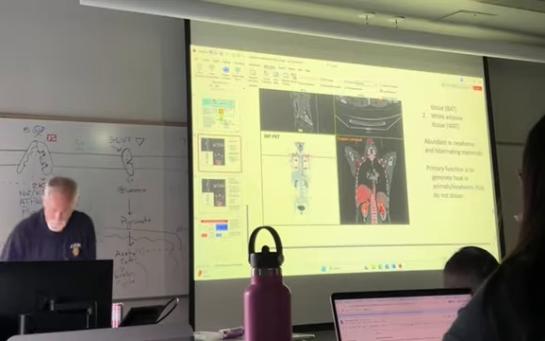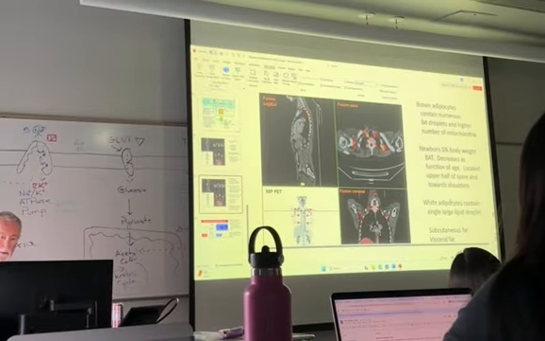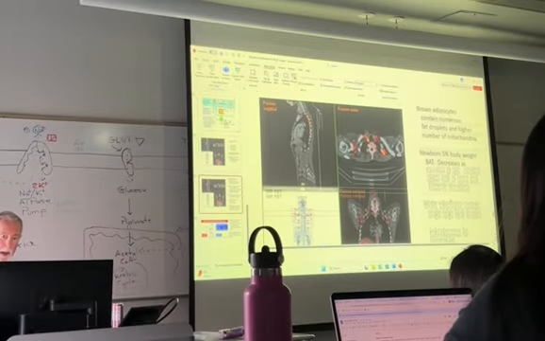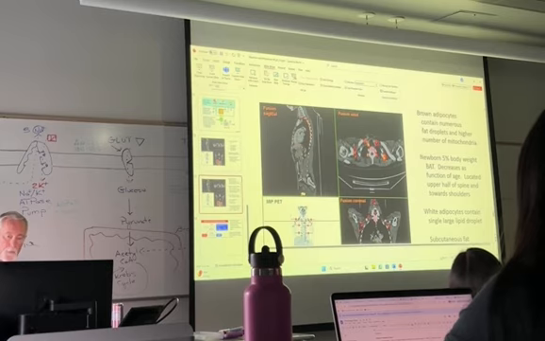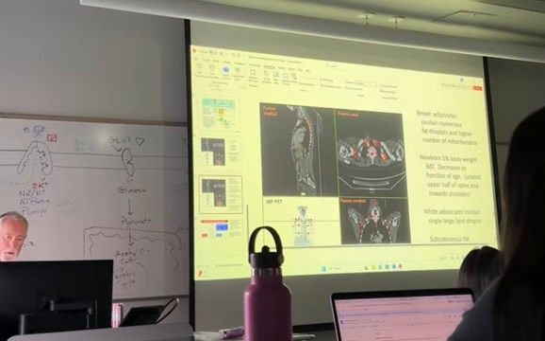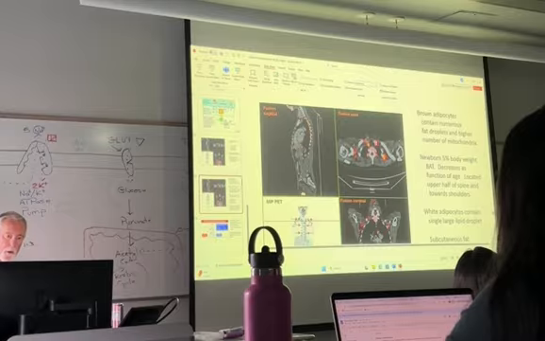Let me just take a look at the next slide real quick before I go any further. Yeah, so here it says newborn 5% of body weight is in the form of brown adipose tissue, decreases as a function of age, and here it's just showing you where it's localized.